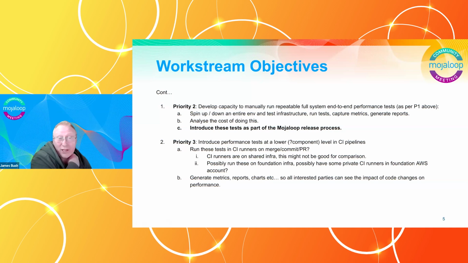So in theory, every code change in a Mojaloop repository would have a performance test underlying that would show a contributor, a developer, before they merge their code into the main branch, before it becomes incorporated in a release, everybody can see and understand how those code changes affect the performance of the component and how that component contributes to the overall performance of the platform.